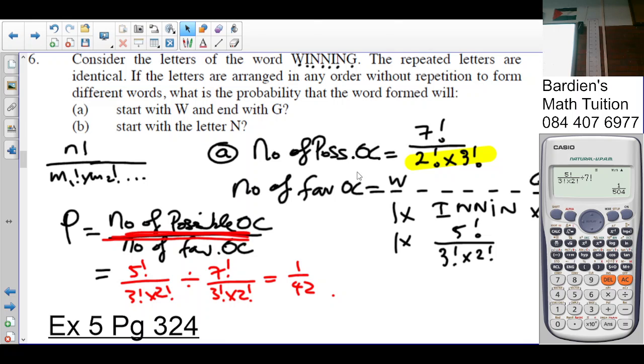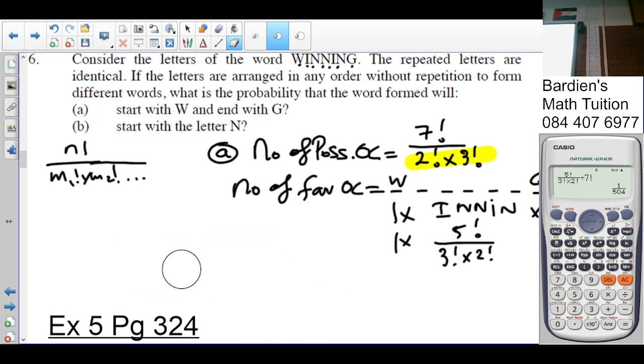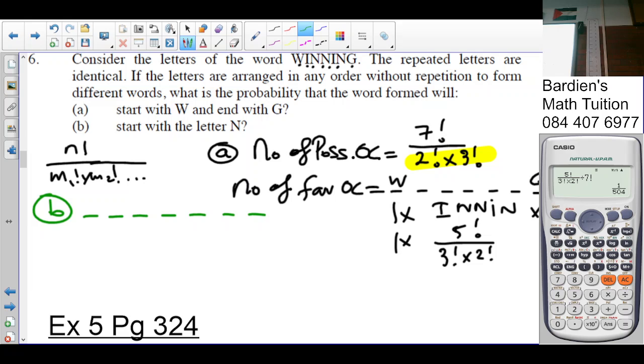Let's look at B. So B would be 7, so 1, 2, 3, 4, 5, 6, 7. It must start with the letter N. So how many options do I have here? 1. What are we left with? W-I-N-I-N-G.